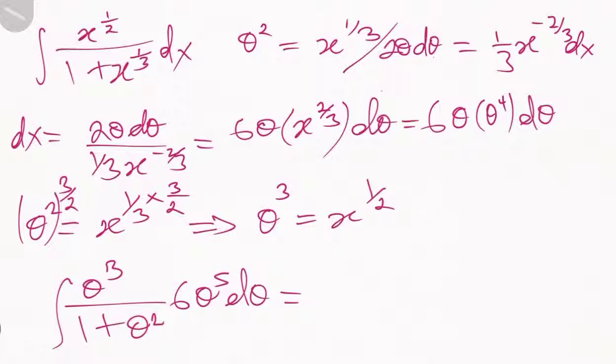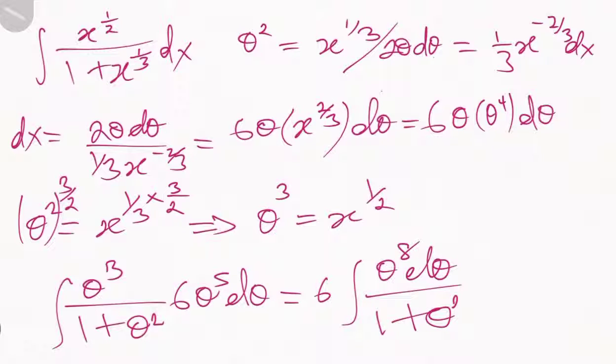Of course, we can factor out the 6, so we have 6 outside. Then theta raised to power 8 d theta over 1 plus theta squared. Let's see if there's a way we can simplify this.